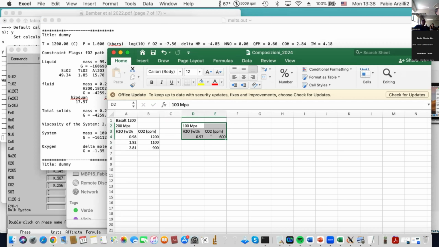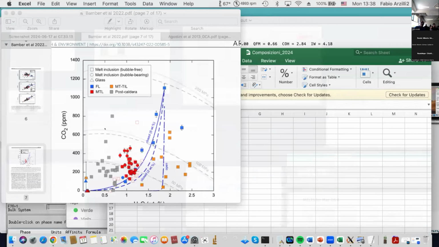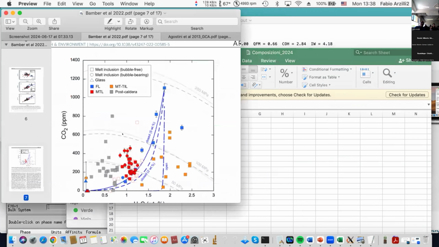As you can see, the amount of CO2 dissolved at 100 megapascal is more or less half of that at 200 megapascal. So what we are doing at 100 megapascal will be like here, at 1% of water. It is not so far from this; this also is a kind of basalt.